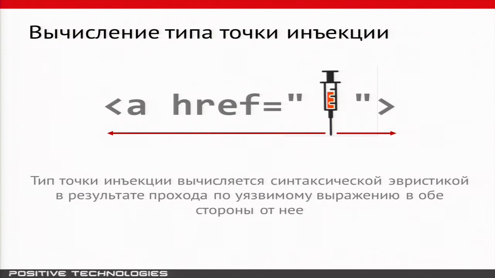I will not show you any examples. So at the first iteration, we show the commas. We either have the attribute or the text or HTML.